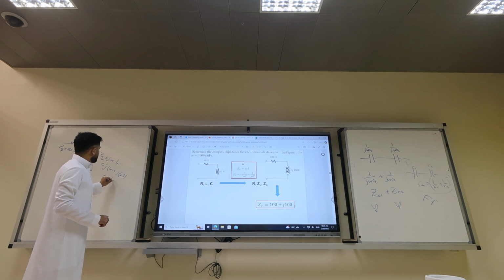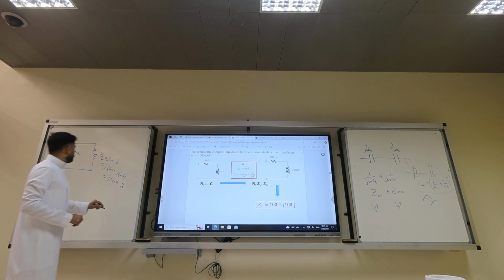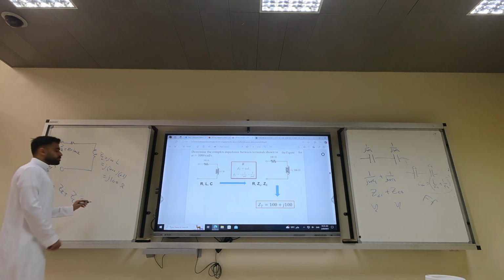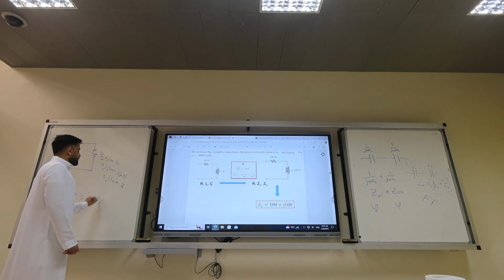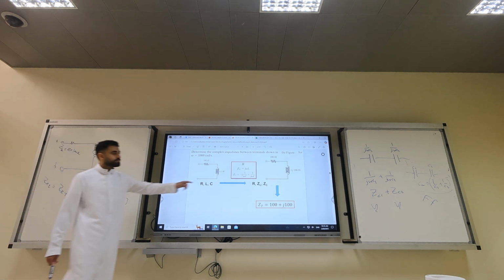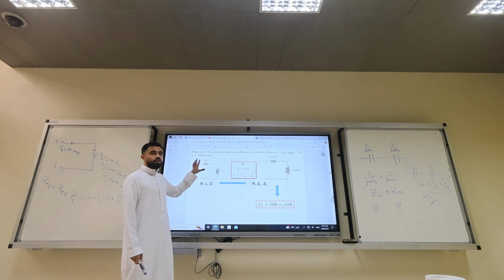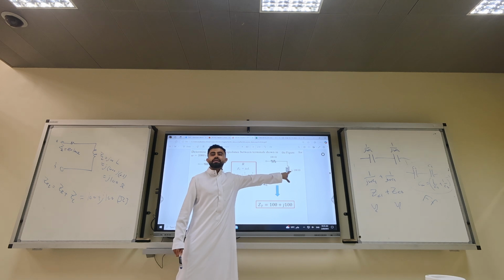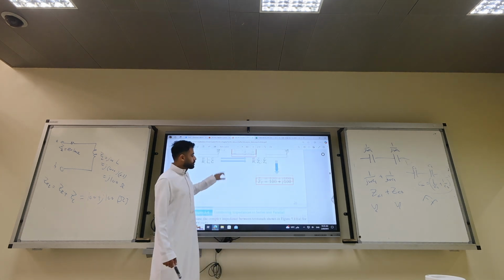The answer is j 100 ohms. So if you're looking at the terminals A and B, Z equivalent equals Z sub R in series with Z sub L, which is equal to 100 plus j times 100. What's the unit? Ohms. So for the inductors, you have to put them as impedances. Get it? Let's go down.